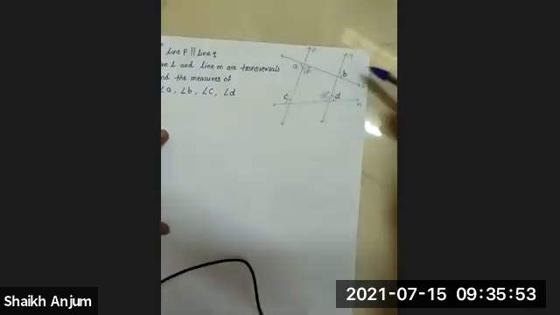Now, here also we can simply say angle A is in a linear pair.